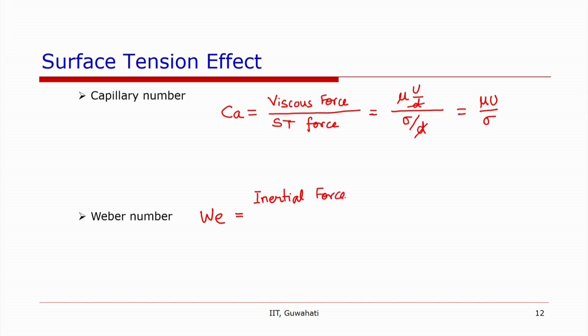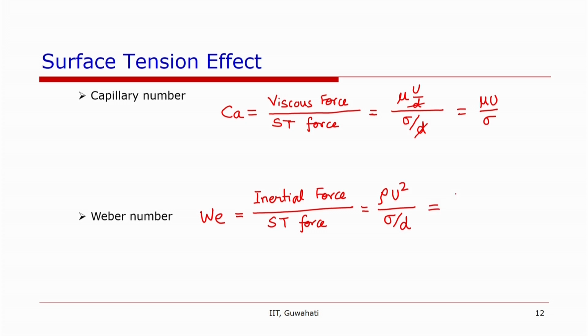Okay. Another non-dimensional number is called the Weber number, and it is a ratio of inertial force and surface tension force, or the stresses because of the two. So, the inertial stress is given by rho u square, and the surface tension generated stress is sigma over d.